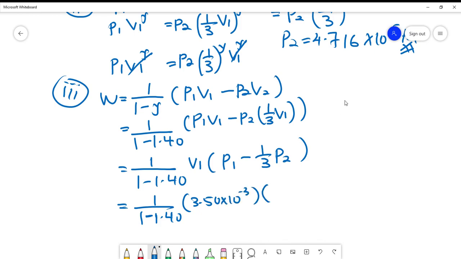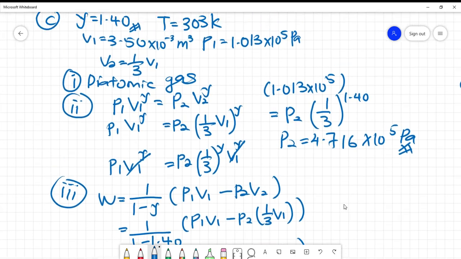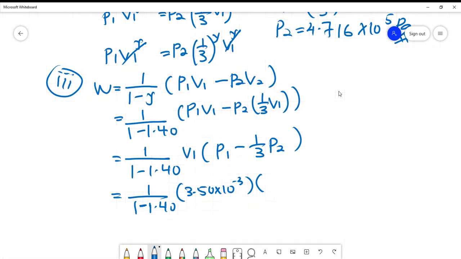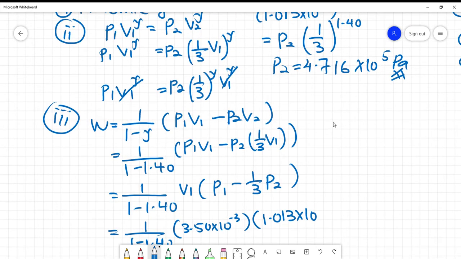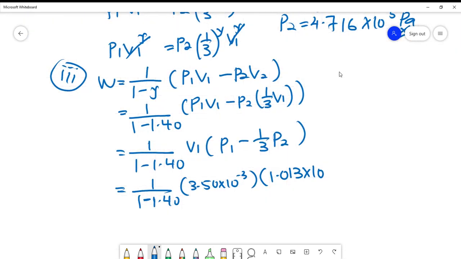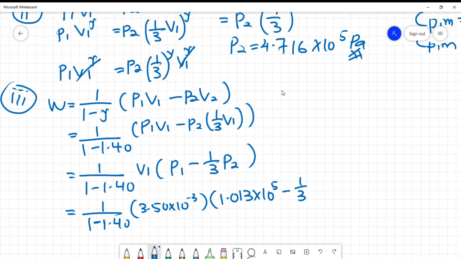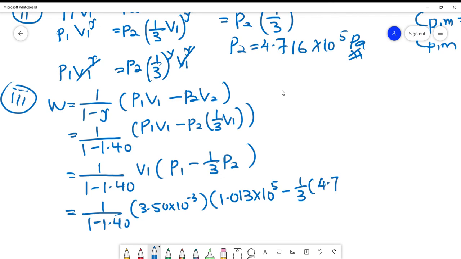My P1 here is 1.013 times 10 to the power of 5 minus 1/3 the pressure of P2, so 4.716 times 10 to the power of 5.